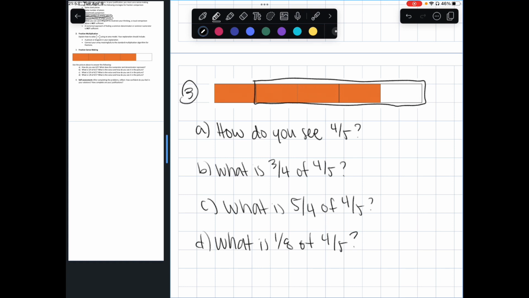And in this, I see 1, 2, 3. This is our numerator. And our denominator is represented by the whole. 1, 2, 3 fourths, because it is divided up into 4 pieces.